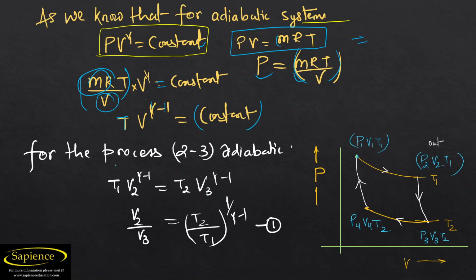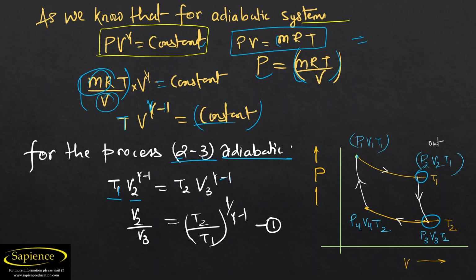Now for the process from 2 to 3, it's an adiabatic process. Since T V to the power gamma minus 1 is equal to constant, we can write T1 V2 to the power gamma minus 1 is equal to T2 V3 to the power gamma minus 1.